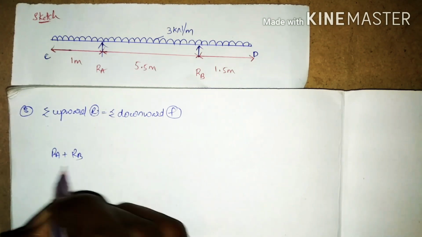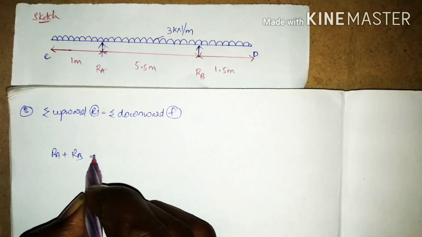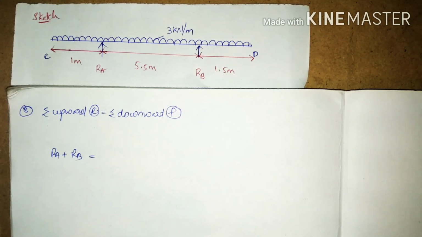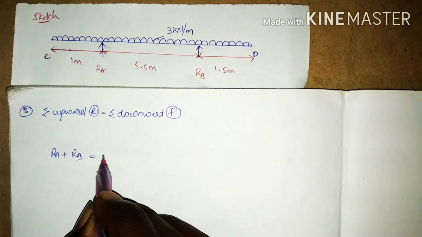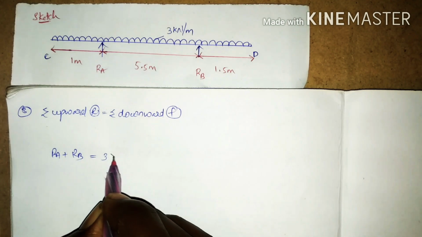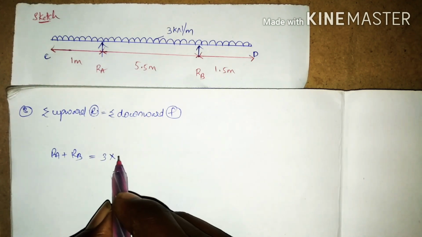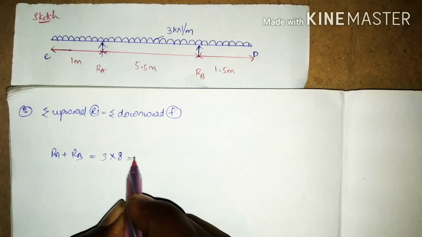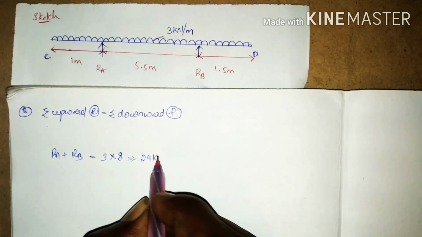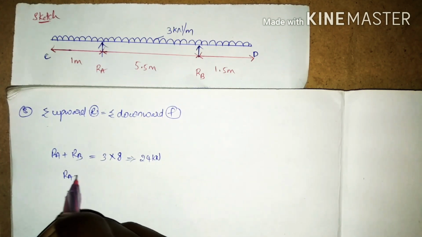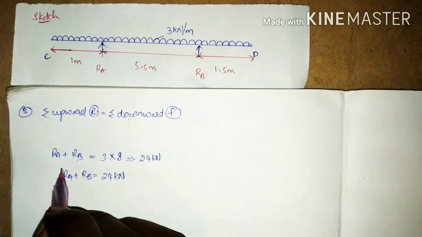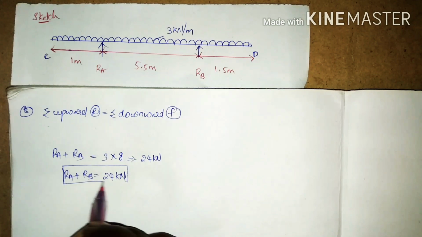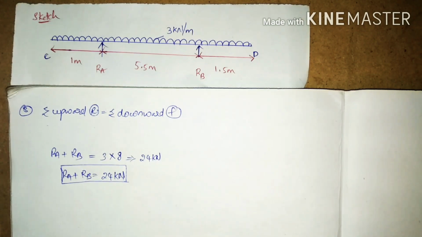The summation means the addition of the upward members, RA plus RB, is equal to the downward force, the UDL of 3 kN per meter multiplied by 8, which gives the total load of 24 kilonewtons. So RA plus RB is equal to 24.